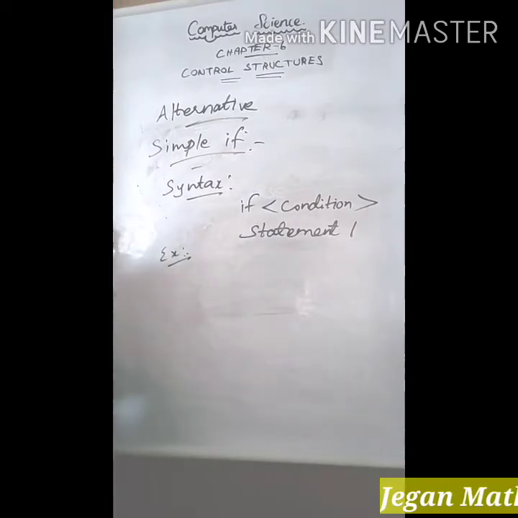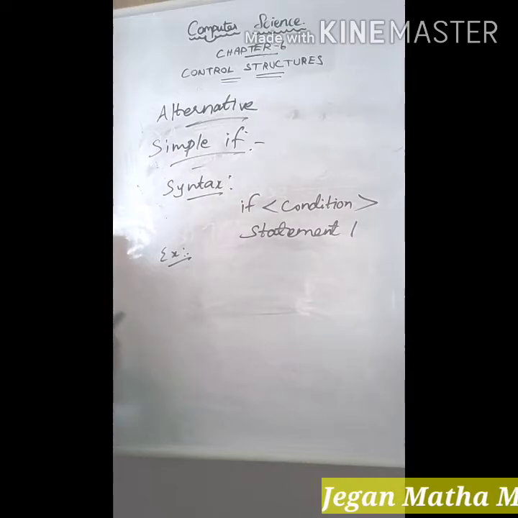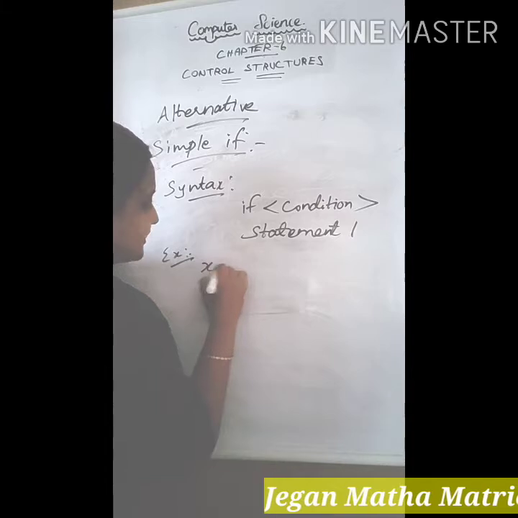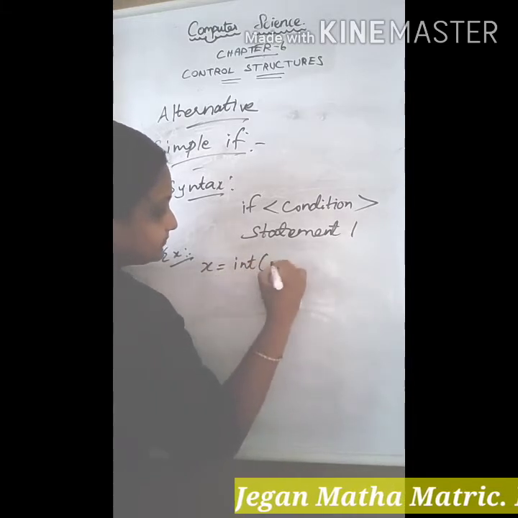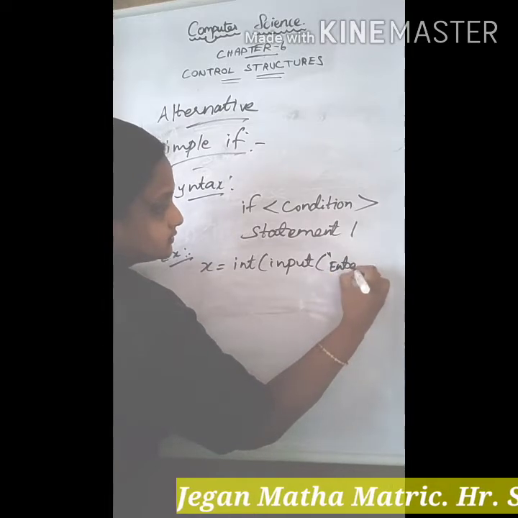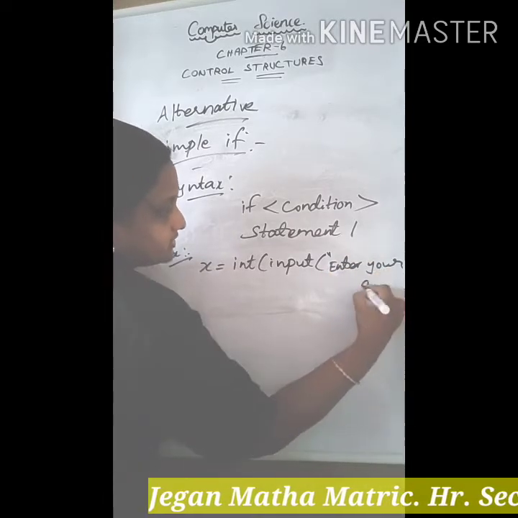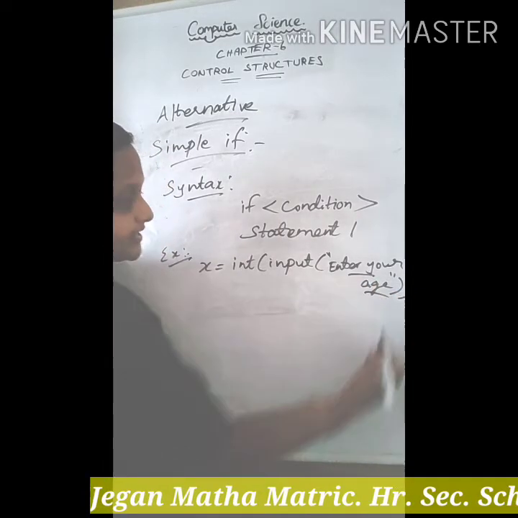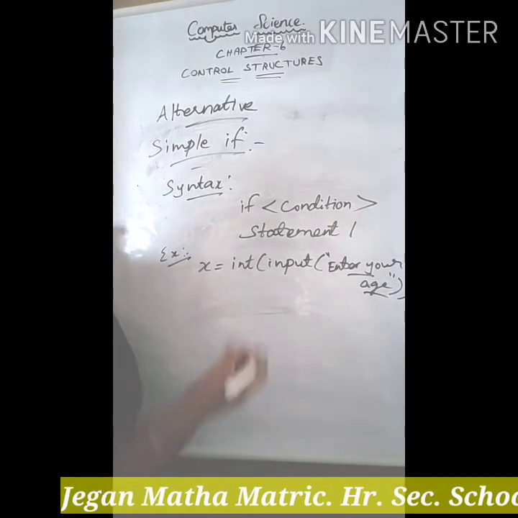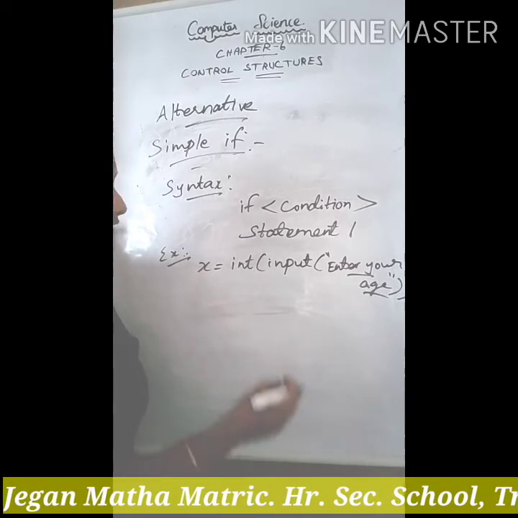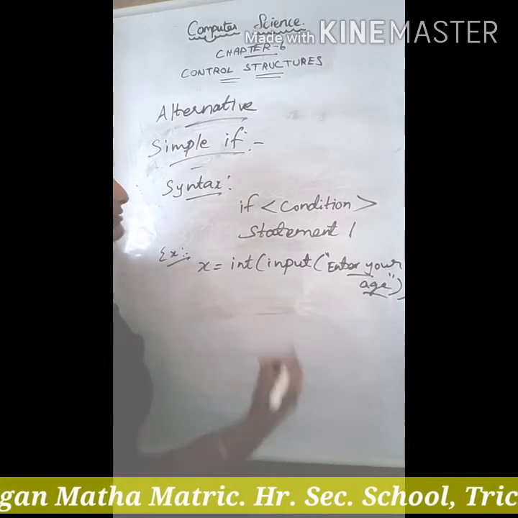This program checks the age and prints whether the person is eligible for voting. Here we are going to use only one variable, x, for age: x = int(input("Enter your age")). Here this is called the prompt string. A prompt string gives a message, so we know that we need to enter our age.